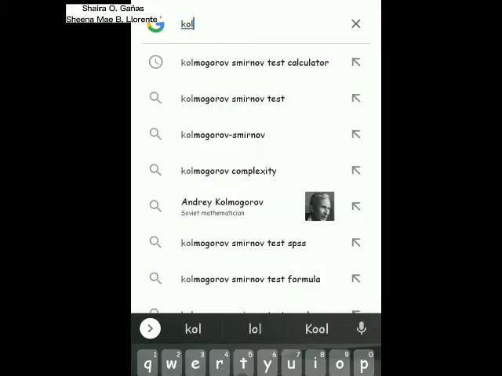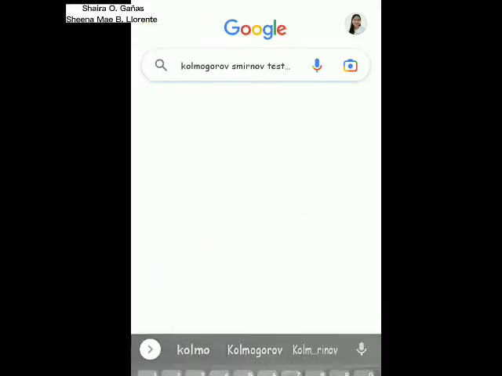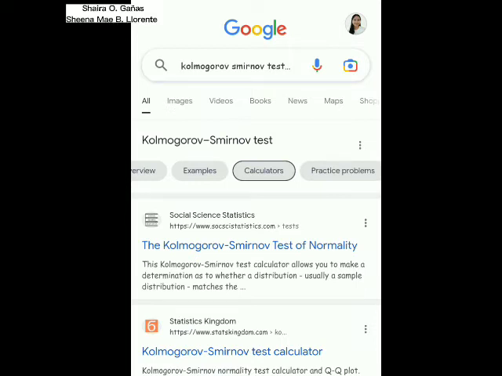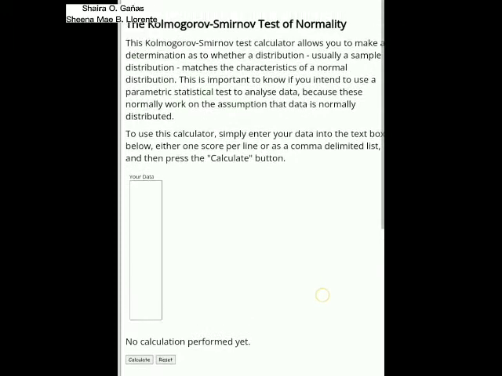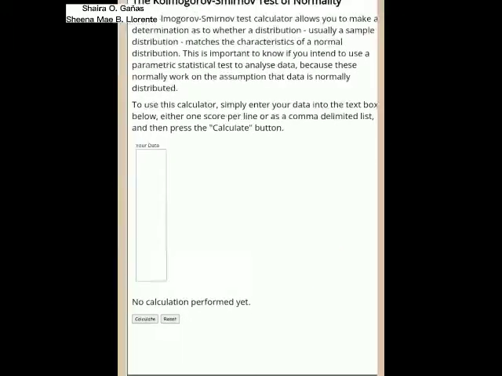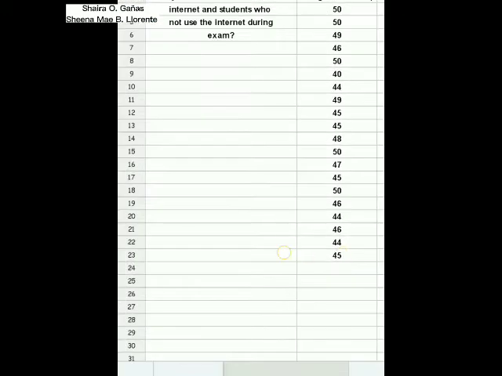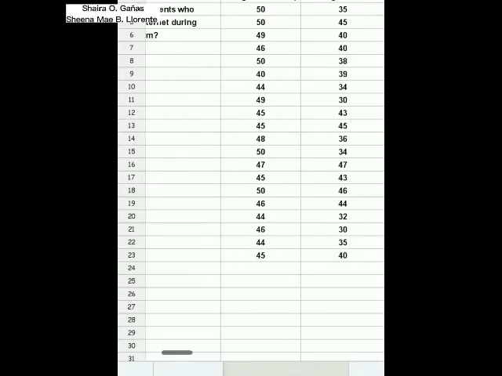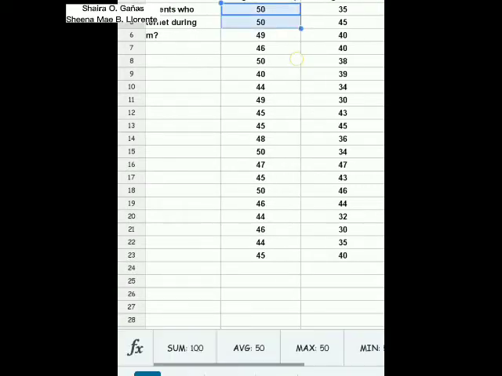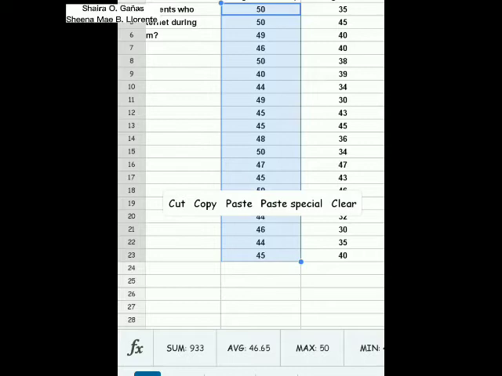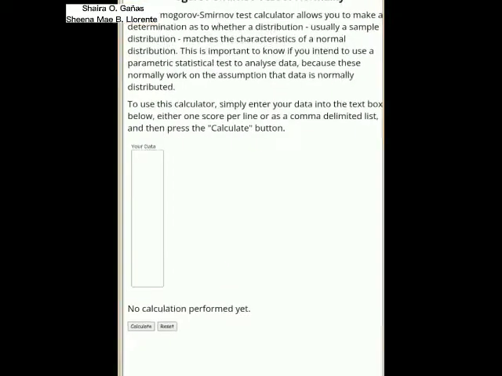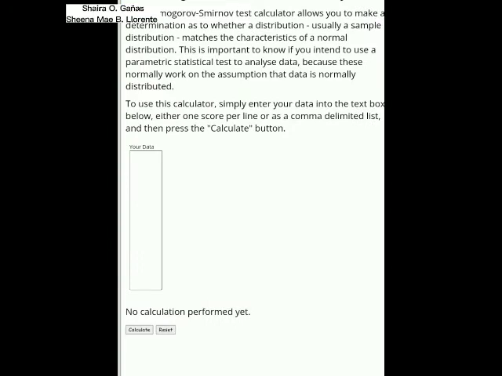So this is how we get or test the data samples. First, we search for Kolmogorov's test calculator. Then copy the first data samples, which is the students who use internet, and paste to the online calculator.